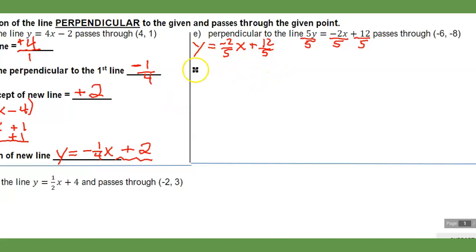All right. So we know the slope here is -2/5, right? What is the perpendicular slope to that? Perpendicular slope. Opposite, positive, reciprocal, 5/2.